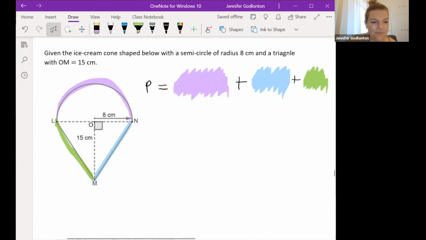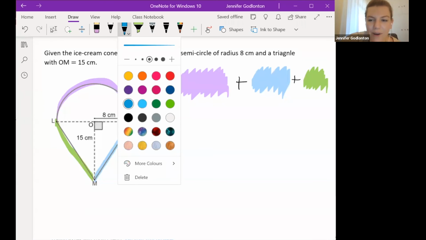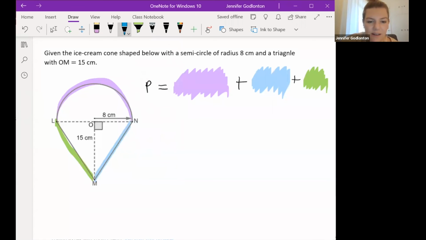Okay. Lenonta, we're all yours. Talk us through what to do. Ma'am, I started with the blue part. Okay, so what did you write? I said MN squared equals ON squared plus MO squared. What do I have to write next to all of that?